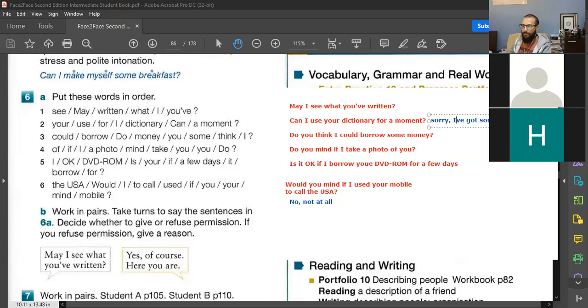Okay, now let's do the other way around. So Hajar, you're gonna ask Sana permission. You could choose any 2 of these sentences, and one of them Sana is gonna accept, and the other one she's gonna refuse.